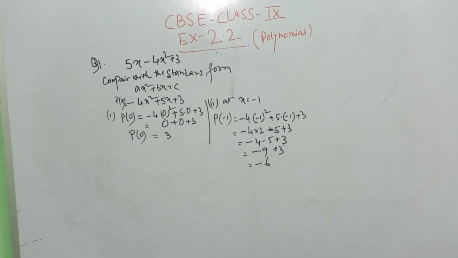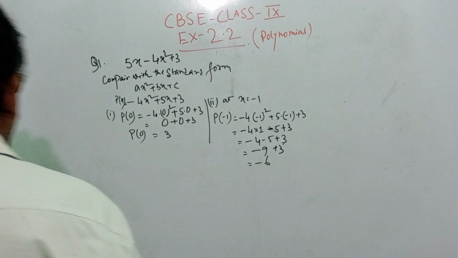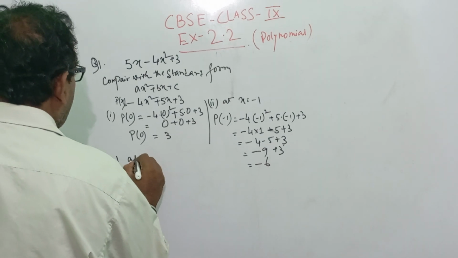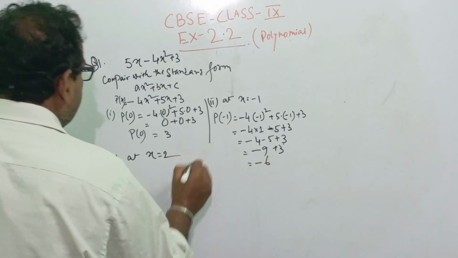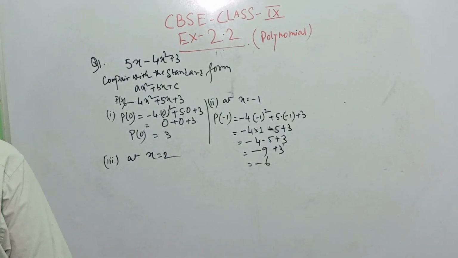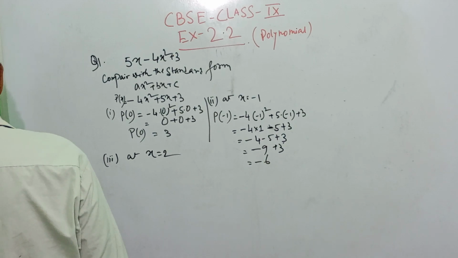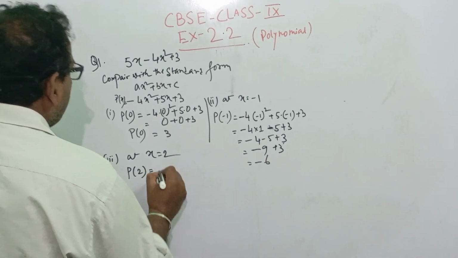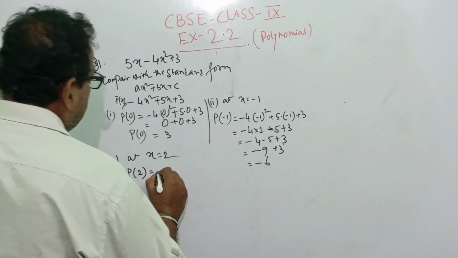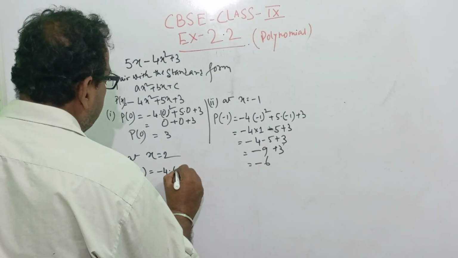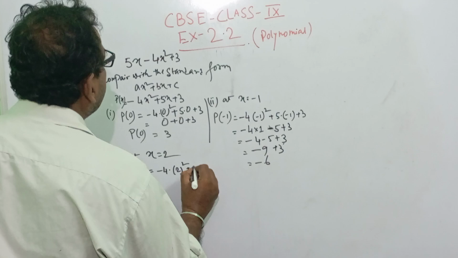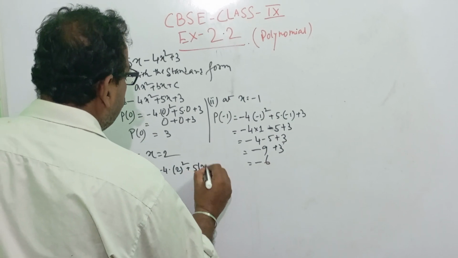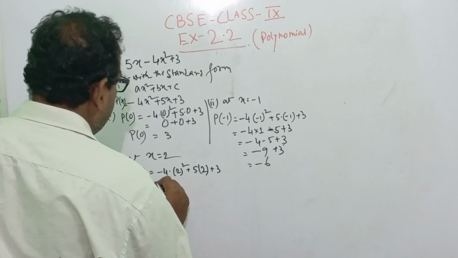Now third one. At x is equal to 2, then p2 is equal to minus 4 into 2 square plus 5 into 2 plus 3.